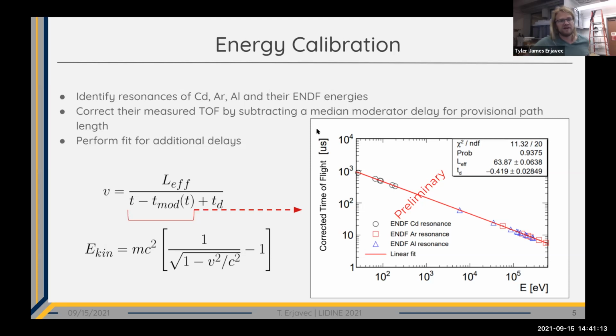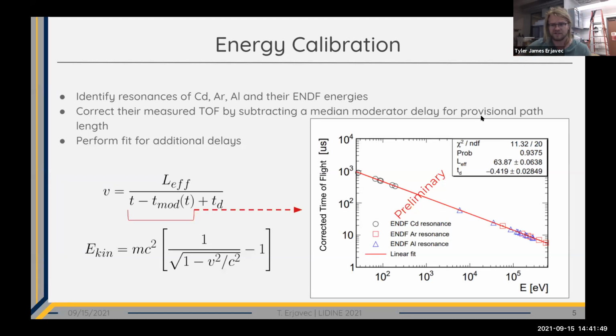Then we can correct the measured time of flight by subtracting a median moderator delay, which is from the water moderator, for some provisional path length. And then we perform a fit for additional delays, which are just TD. These could be from cable delays, pulse width spread, or any other sort of delays, so we lump them all into one parameter and we fit.